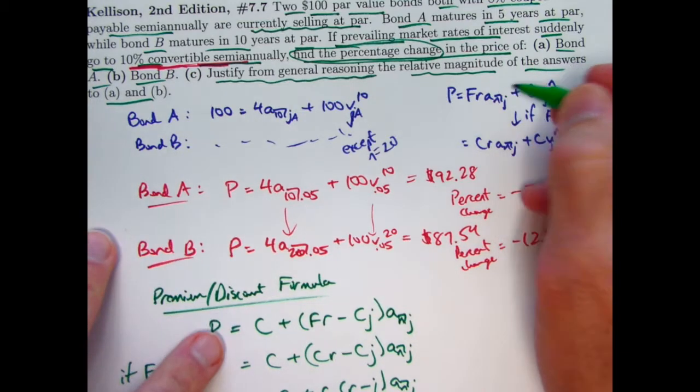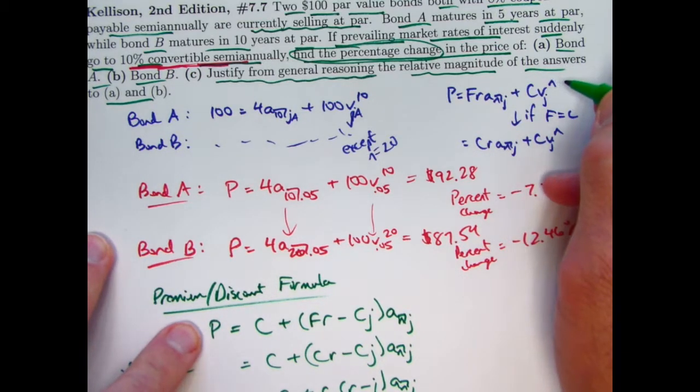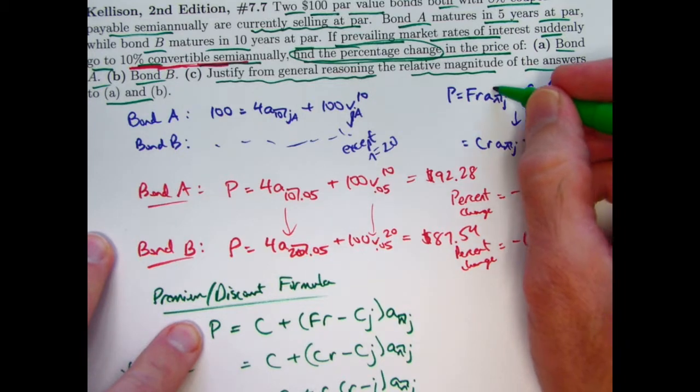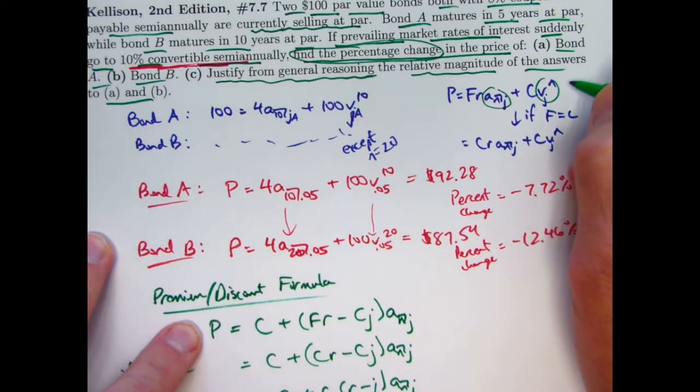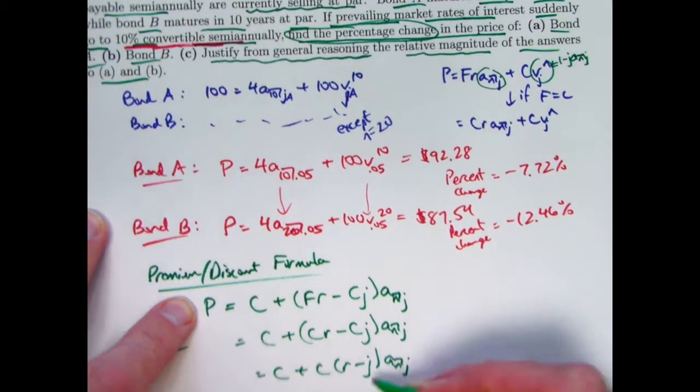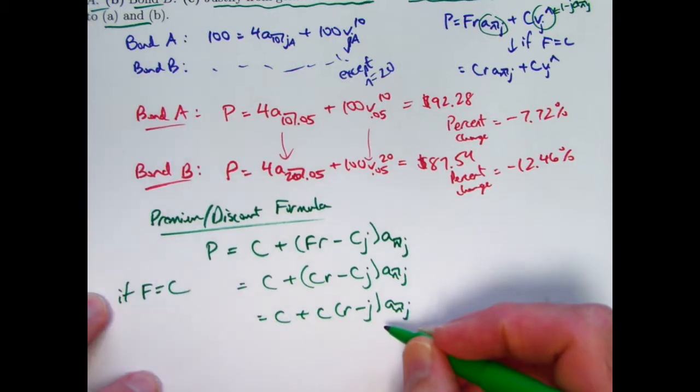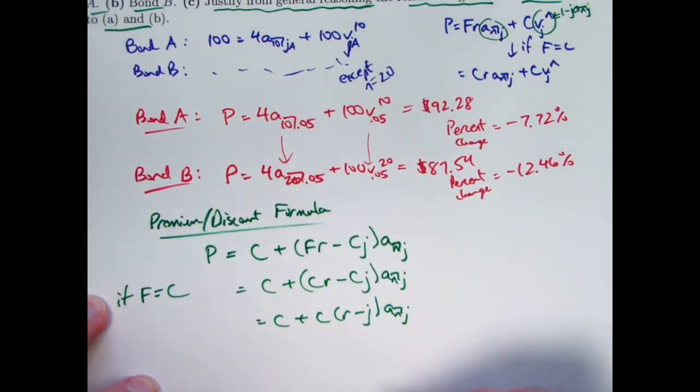You could replace this V to the N with 1 minus J, a angle n at J, and then do some rearranging to get this formula. That would be an exercise for you to do.